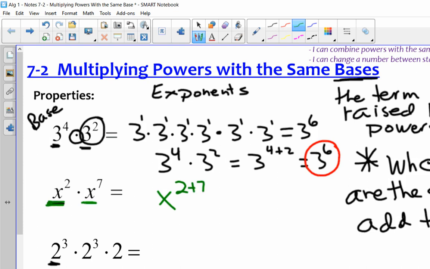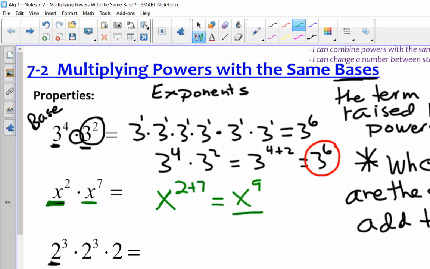You could probably do this in your head. I'm illustrating what the rule is and what it's allowing me to do. That gets me x to the 9th. The bases were the same, which allows me to add the exponents, and I'm just rewriting it as one term.